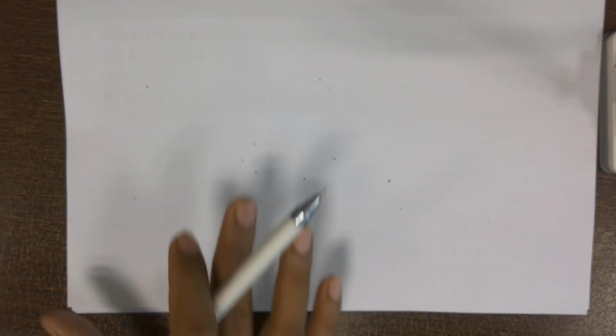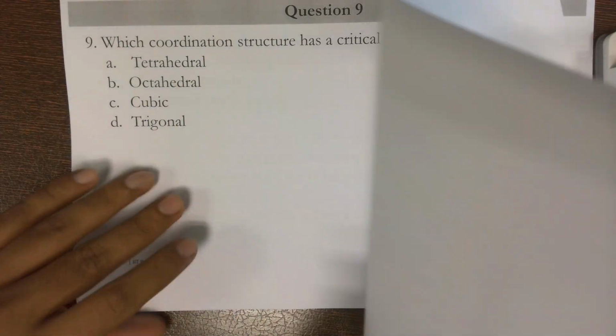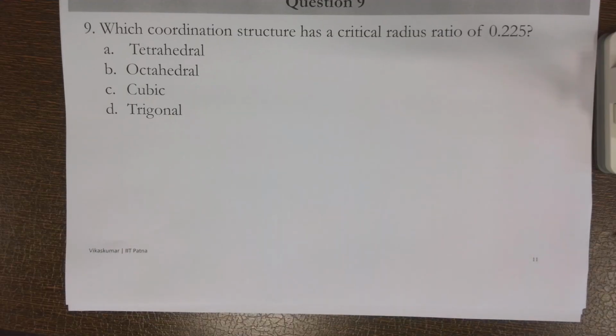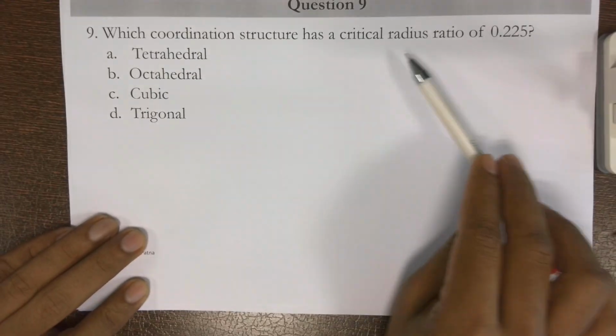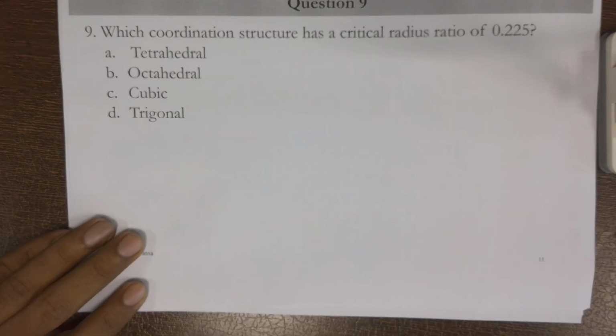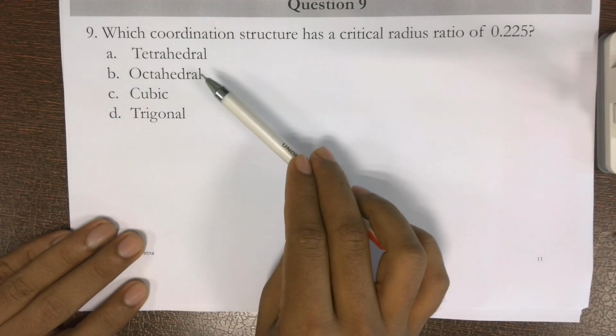Move on to the next part, question number 9. Which coordination has a critical radius of 0.225?